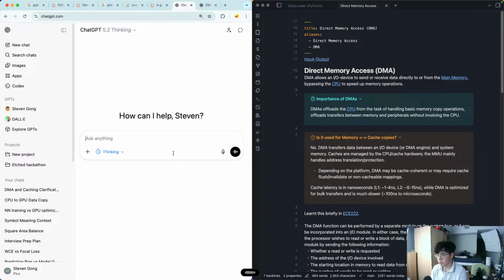And when the transfer is done, it triggers an interrupt. So during the transfer, the CPU is free to do other things because there's a DMA engine that does the copy. And at the very end, when the transfer is done, there's an interrupt that gets triggered, and we can then handle the interrupt, and we know that our data is done, and then we can proceed and actually read the data from RAM.